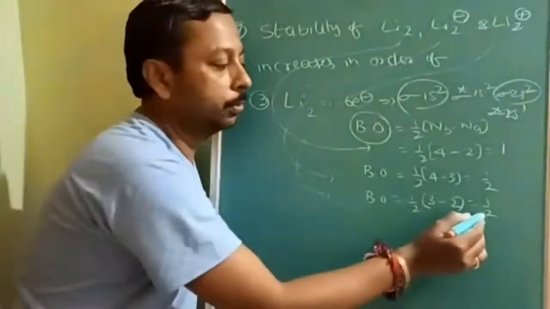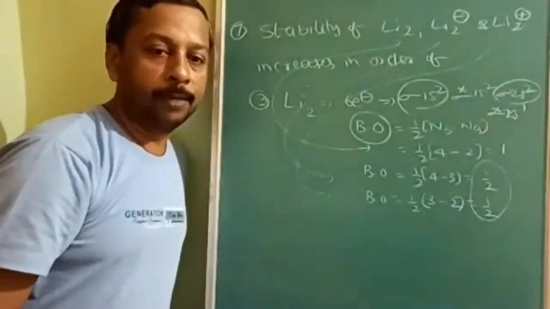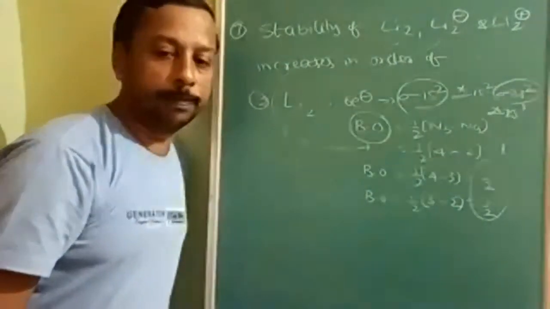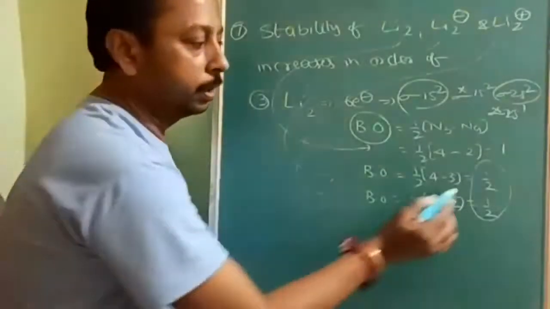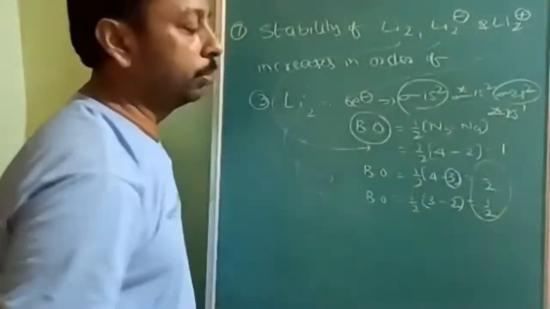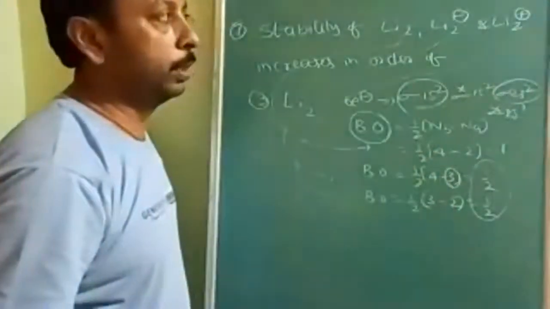Okay. So if the bond order is the same, then what should you compare? Unpaired electrons are added into which one? Here, the number of electrons in the antibonding orbital is more in the case of Li2 minus. Okay.